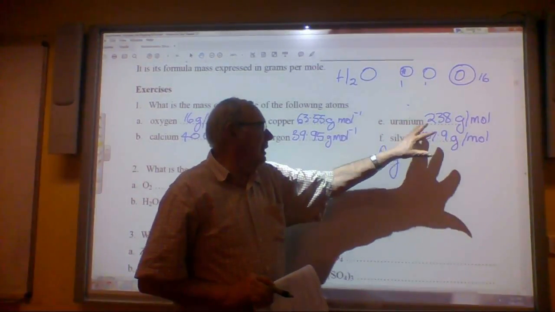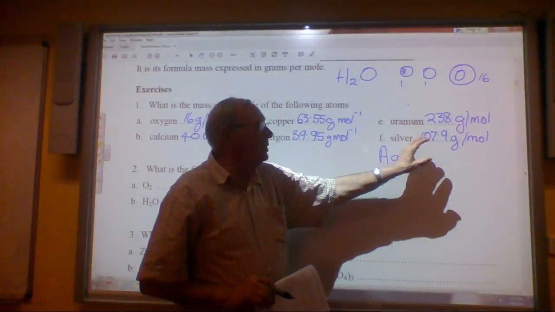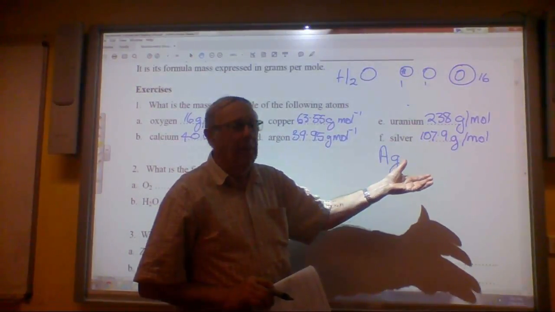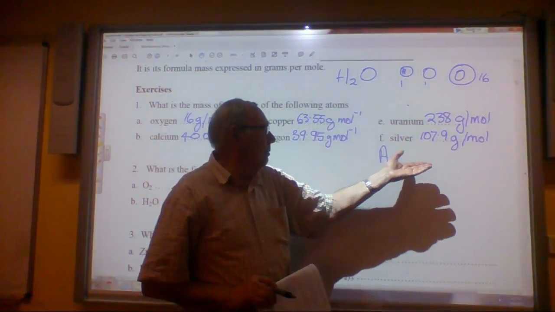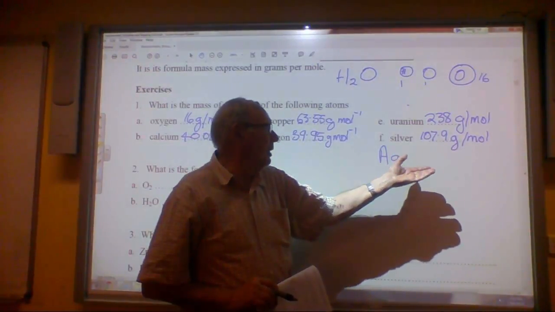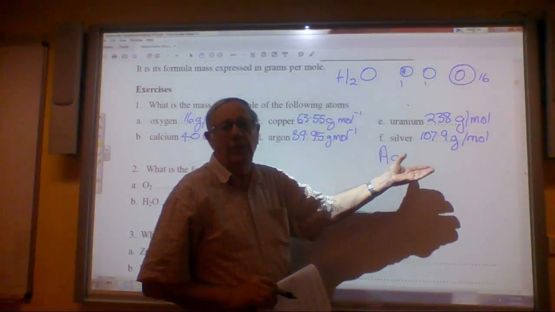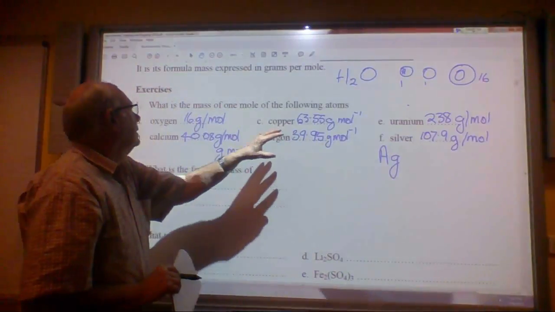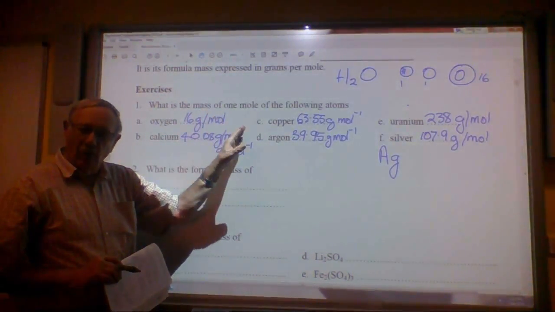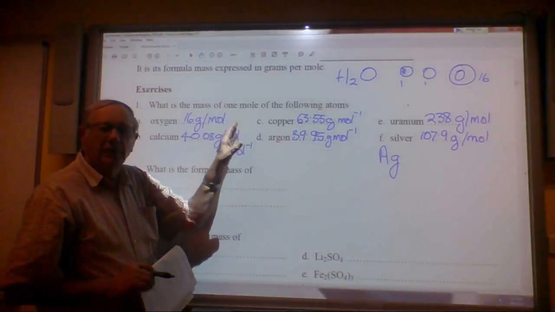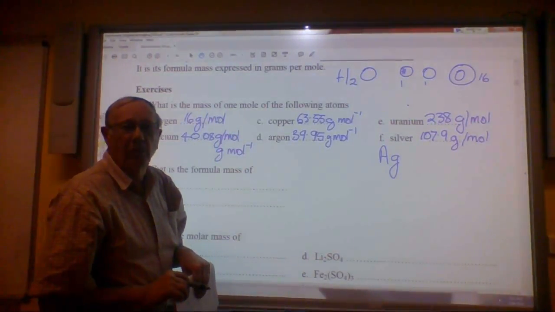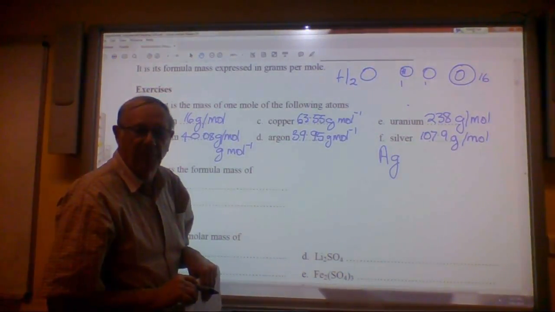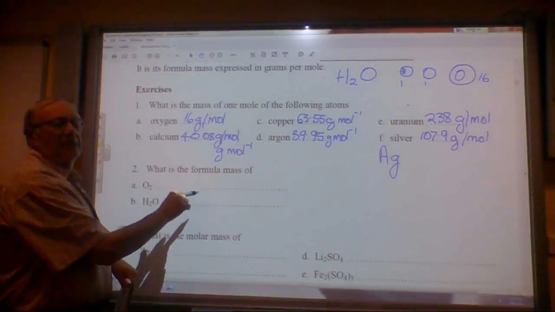But basically it's saying in atomic mass units how much heavier it is than some of these very, very small ones. And when we find out how much bigger the mass is, we then turn that into grams. We just say how many grams that is. And that is the mass of 1 mole. That is the mass of 6.022 by 10 to the 23 of those. We'll have a look at these in the next video.